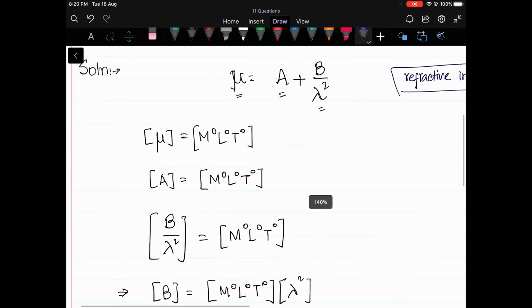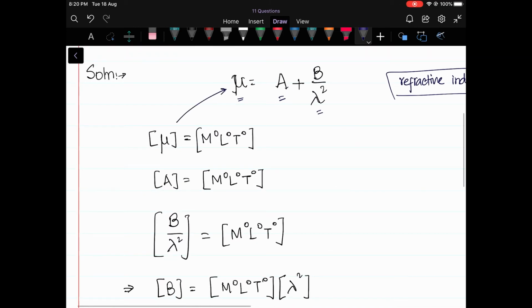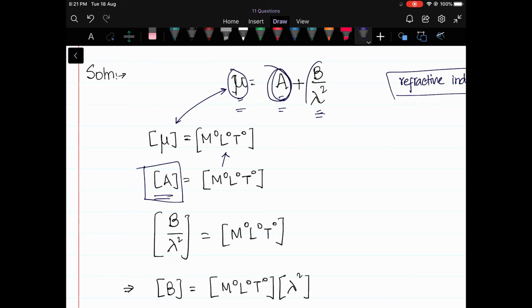That's why here I've written the dimension of this term here, that is your refractive index. Then I'm going to write the dimension of A, and the dimension of A also must be equal to the dimension of this, because each and every term must have the same dimensions. That means the dimension of this must be same as the dimension of this and the dimension of this.